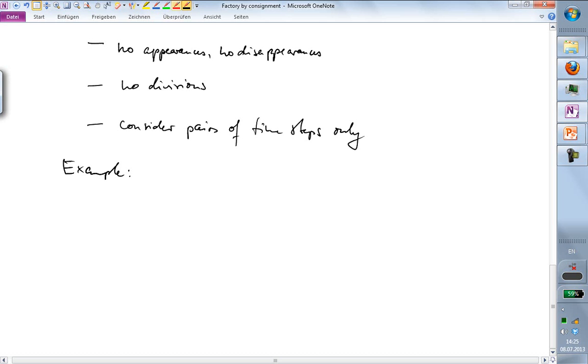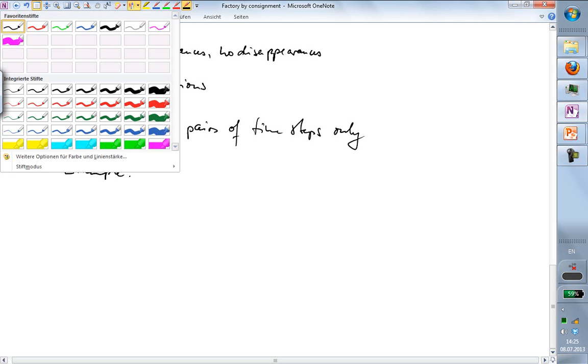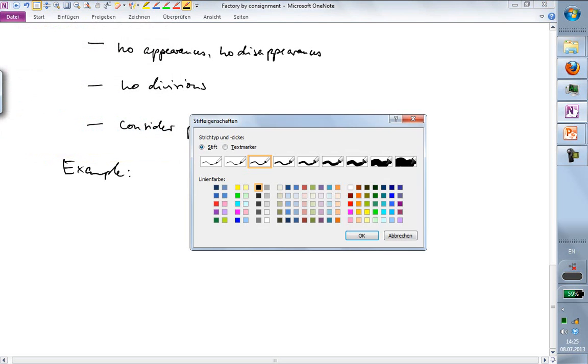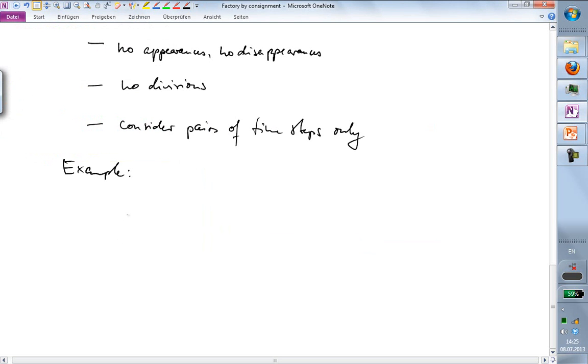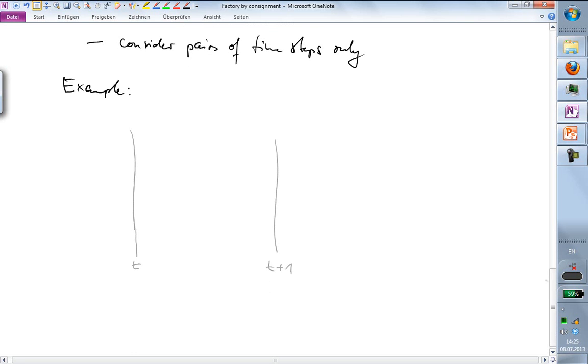So let's say I have a time step t and a time step t+1, and that I have seen a few objects. Let's say there was one object here, and one there, and one down there.